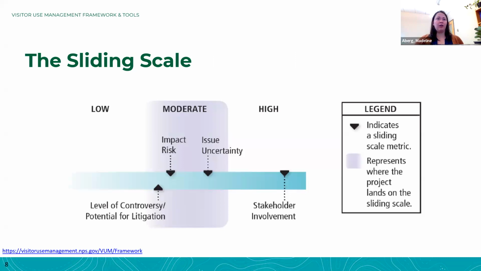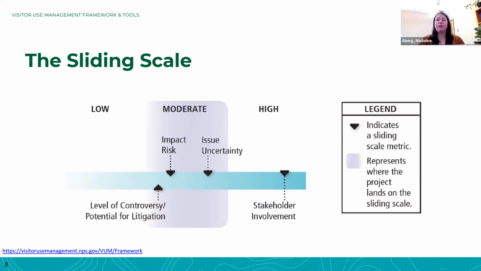All right, to go into more detail on the sliding scale, this is a tool or a concept within the framework that helps us consider what level of analysis we need and to really try to fit our effort, data collection, and analysis to the issue at hand. So when we're thinking about the sliding scale, we're considering 4 different factors.